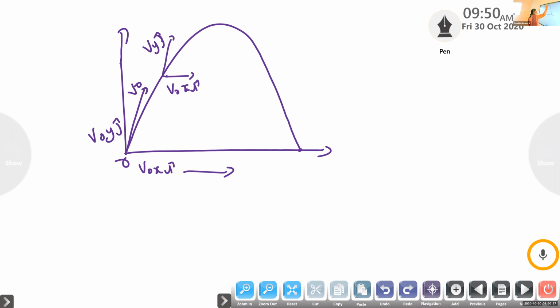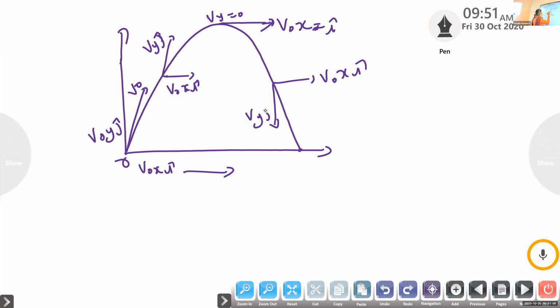And at maximum height, we have the x component only: v0 xi, and vy is equal to 0. Then again, coming down, v0 xi and the velocity component is downward. Since it is coming down, again it is vyj.